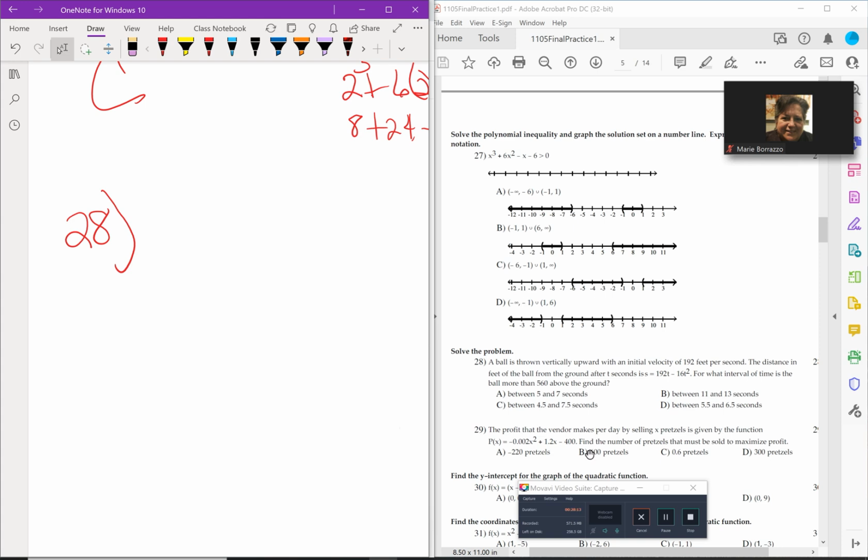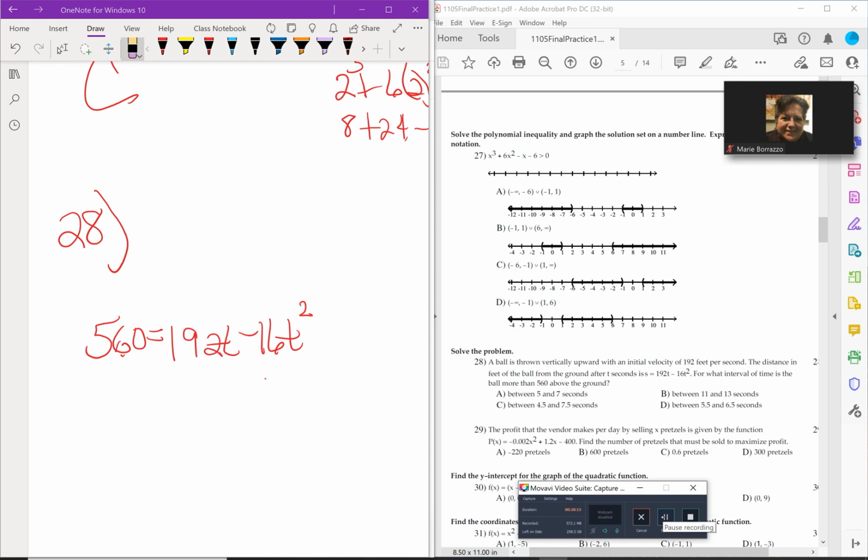All right, so here's the setup. In this question, they tell us that the ball has to be above the ground. So the key here is when you set up the equation, you're going to start with your 192t minus 16t squared. It has to be above the ground, so greater than 560.